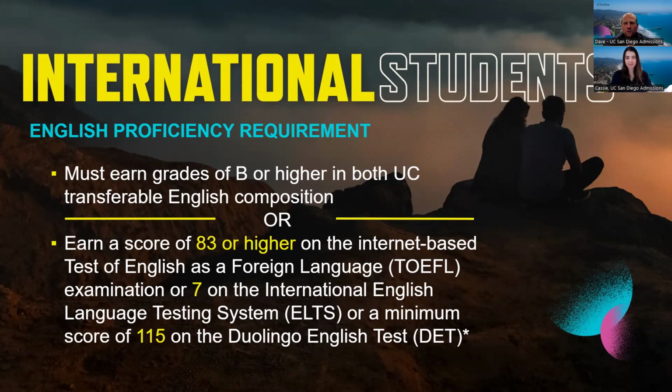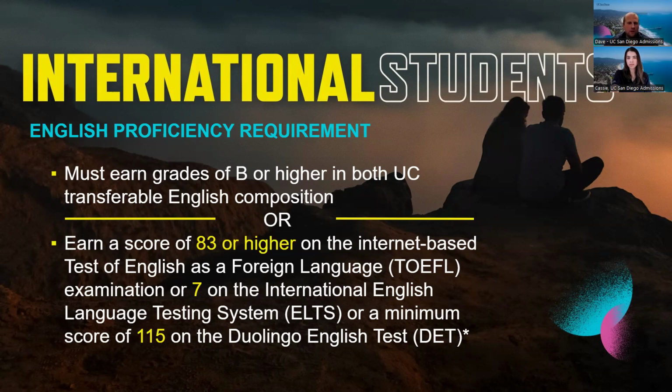This is for students who completed their high school education or secondary education at a school where English was not the sole language of instruction. And even some domestic students who maybe moved to the United States and started attending high school, but only had less than 3 years of high school study taught in English.